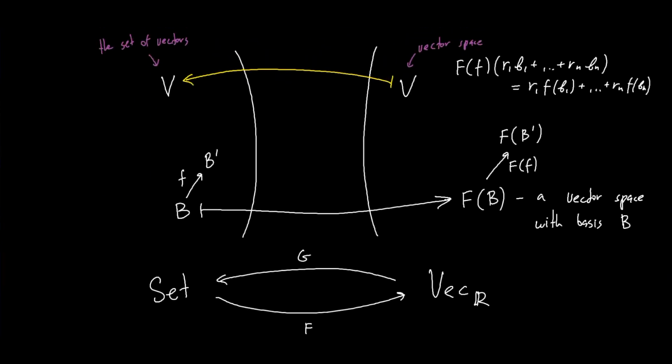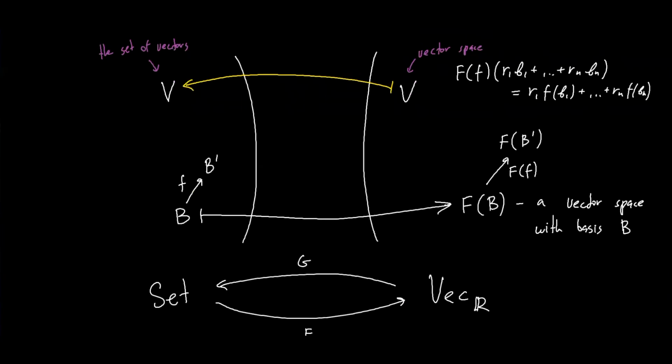Before even deciding the natural transformations, maybe we should first see if we can find the arrows. So I begin with a set B. I construct this vector space whose basis is B, and then I map it back.